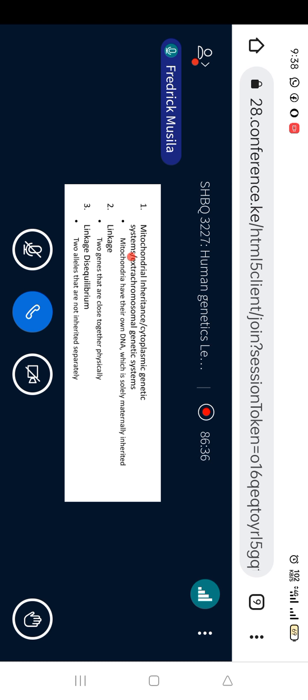So next week we are going to talk about the cytoplasmic genetic systems, or extrachromosomal genetic systems. We are going to see that we have some genes in the cytoplasm. Remember we said that mitochondria has DNA. You have heard of the cytochrome oxidases, the cytochrome enzymes, which are very important in drug metabolism.